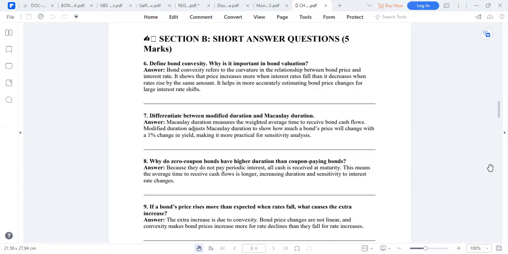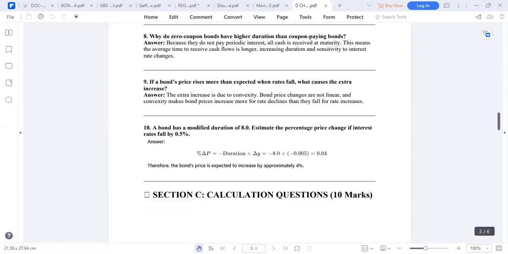Okay. Then question number 9. If a bond's price rises more than expected when rates fall, what causes the extra increase?